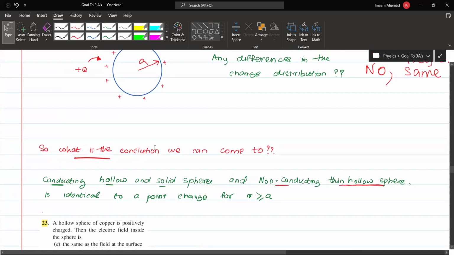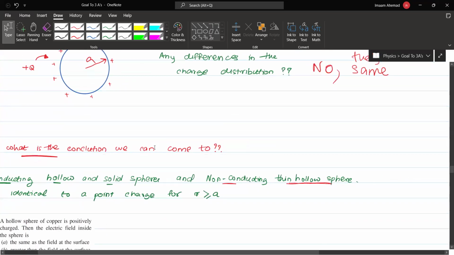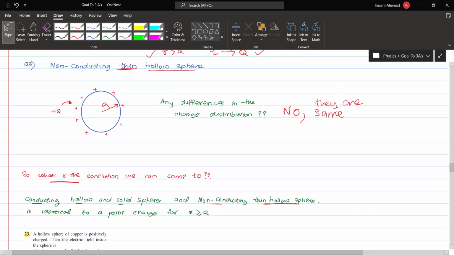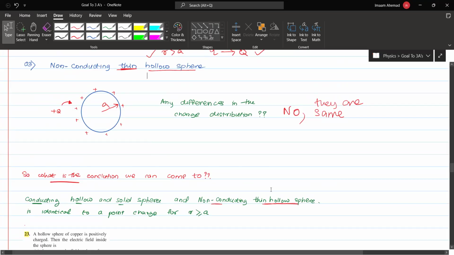So read this statement and see if you can understand what's the conclusion I want to make. Those who understood this, put the thumbs up. The final conclusion that I made.